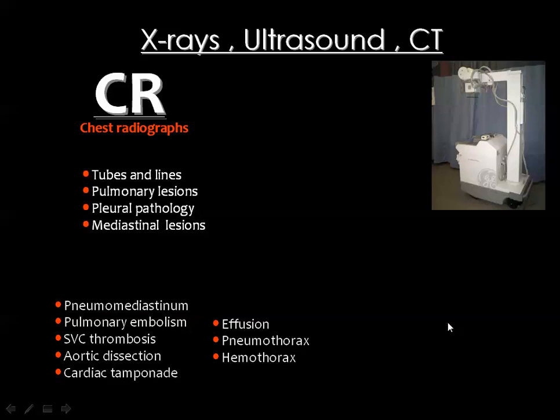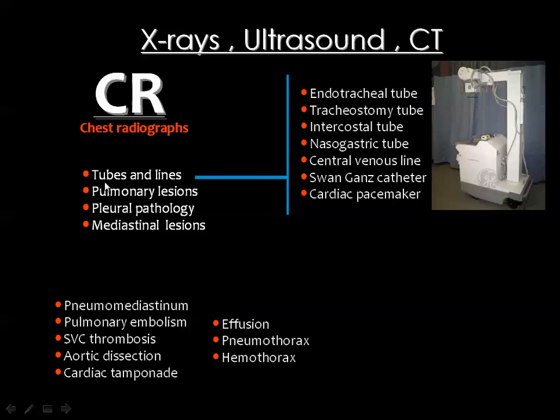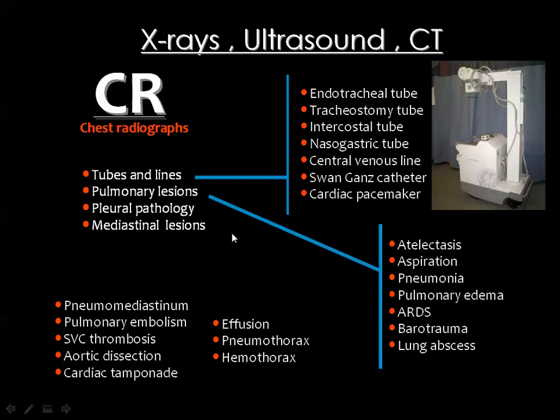Then we have the major items here. Number one, we should evaluate the tubes and lines, and these are the endotracheal tube, the tracheostomy tube, intercostal tube, nasogastric tube, central venous line, Swan-Ganz catheter, pulmonary artery catheter, and cardiac pacemaker. Then in the second part, we'll discuss the possible pulmonary parenchymal lesions, including atelectasis, aspiration, pneumonia, pulmonary edema, acute respiratory distress syndrome, barotrauma, and the lung abscess.